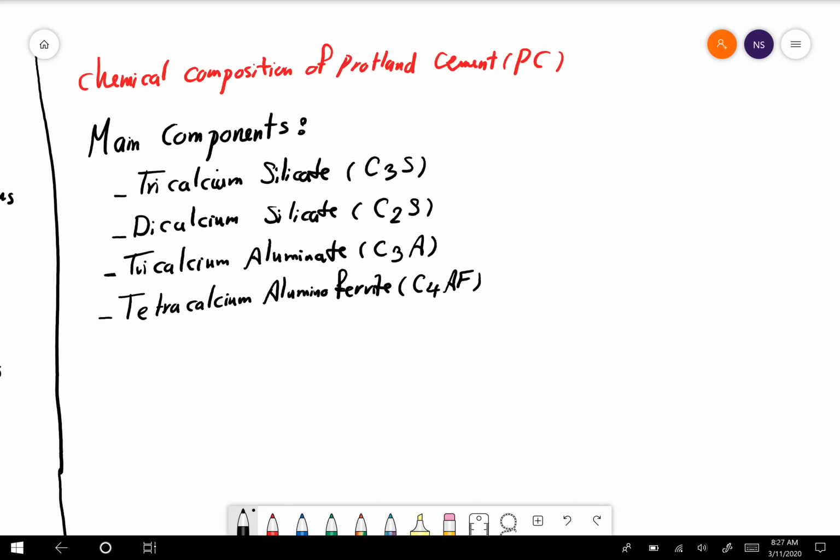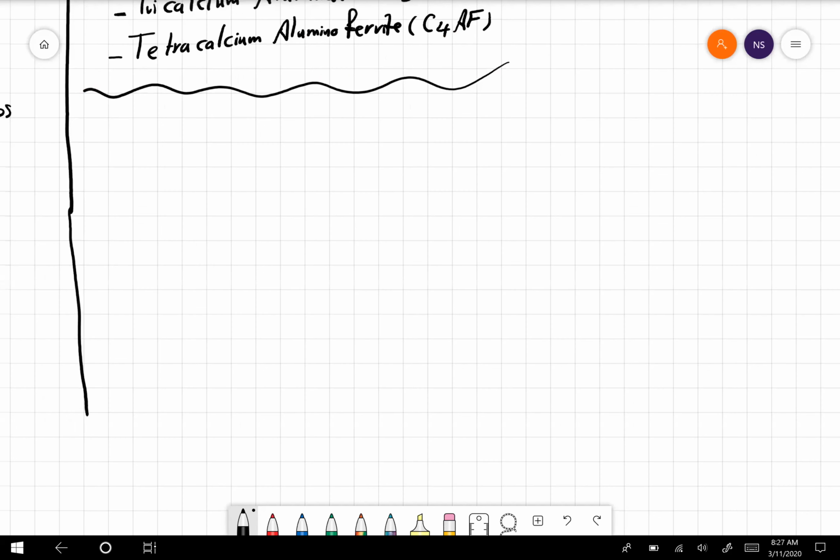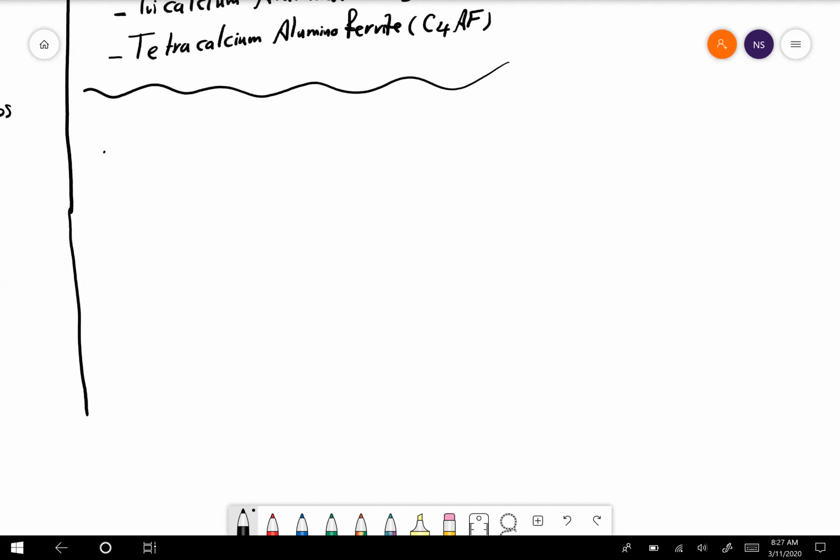And then we have some minor components in the mix or in the powder as well.